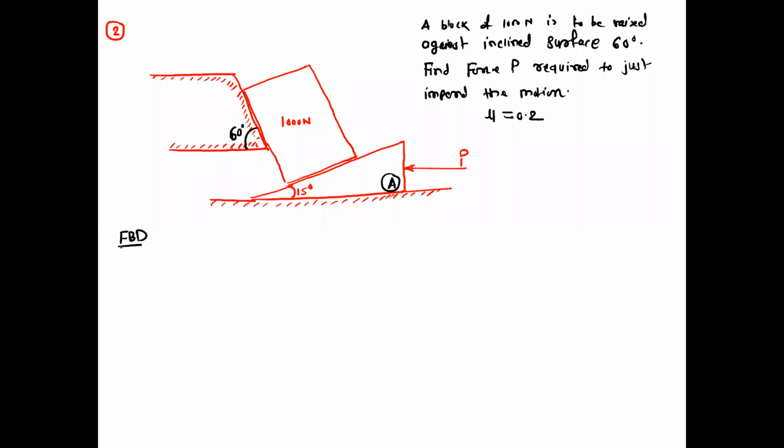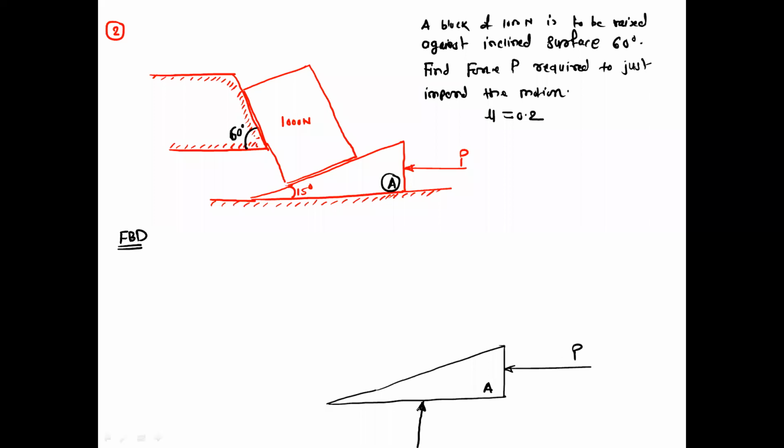So in the free body diagram, the impending motion for the wedge A, it is towards the left side, and impending motion for the block of 1000 Newton, it is upward direction along the plane. So this is the wedge A. This is external force, which is to be determined, that is a force P.